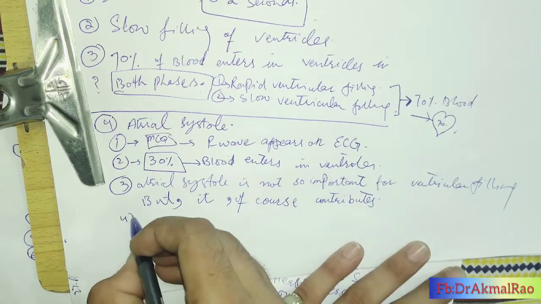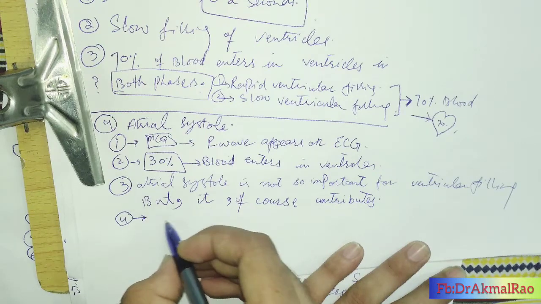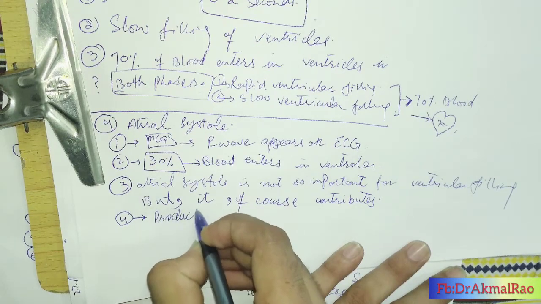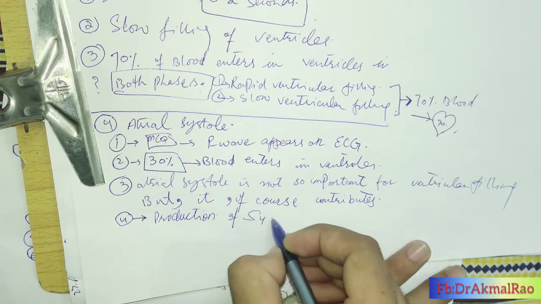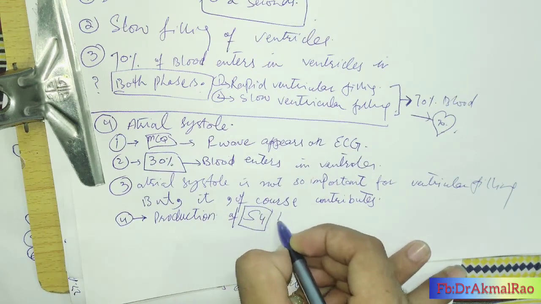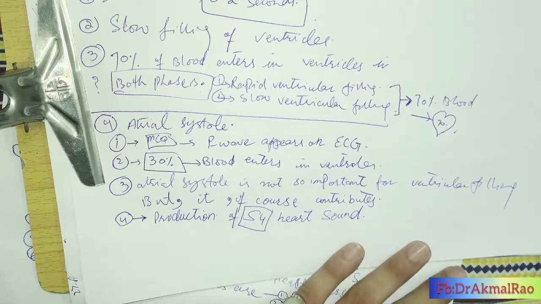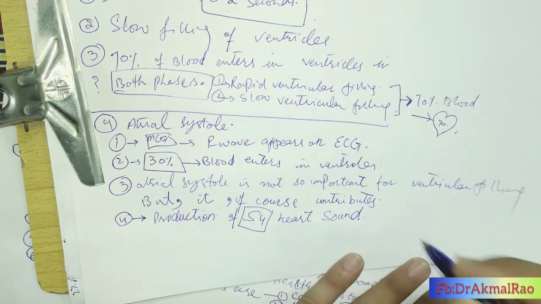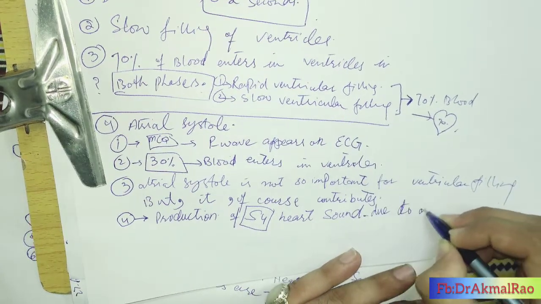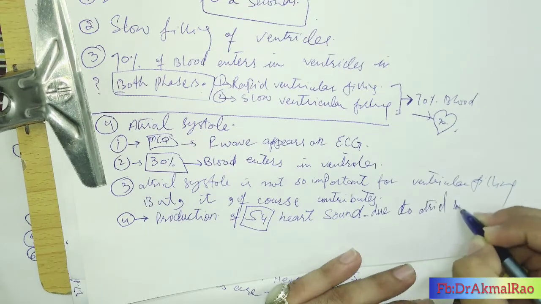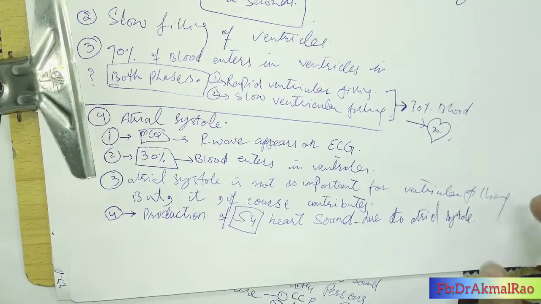And the fourth point that is very important is production of the S4 heart sound, due to atrial systole.